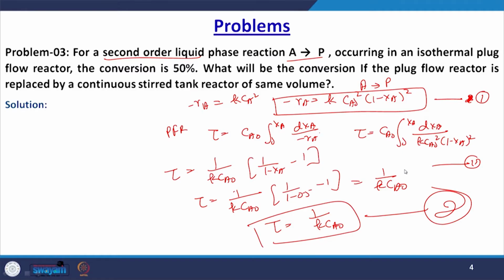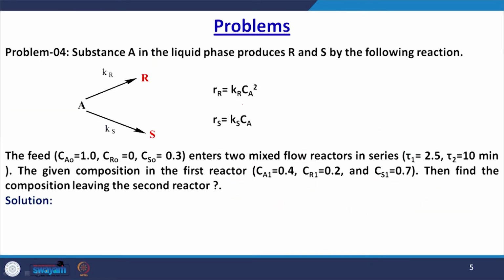Now let us take another example. Here the substance A in the liquid phase produces R and S by the following reaction. The feed has Ca naught equal to 1, Cr naught equal to 0 and Cs naught equal to 0.3.